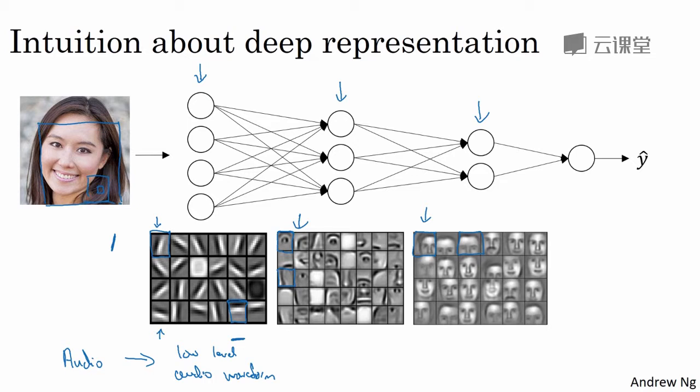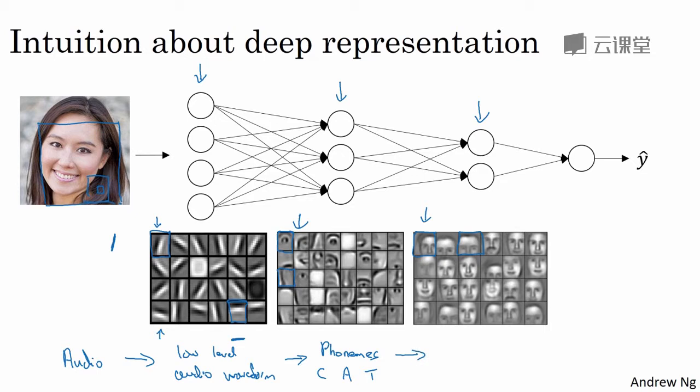And what is the pitch? But it can detect low-level waveform features like that. And then by composing low-level waveforms, maybe you'll learn to detect basic units of sound. So in linguistics, they're called phonemes. But for example, in the word cat, the k is a phoneme, the a is a phoneme, the t is another phoneme, but it learns to find maybe the basic units of sound.